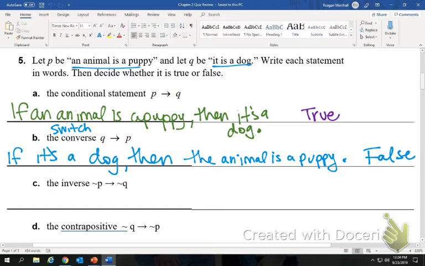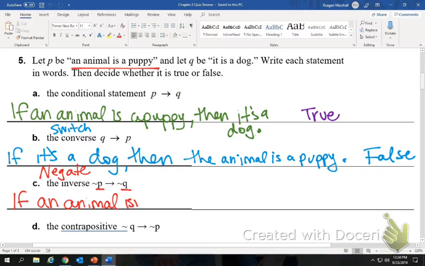All right, an inverse. What do we do for the inverse? Starts with an N. You put not. What's that called? Negate. So you go back to hypothesis first, and then the conclusion second, but you're going to negate. So we're going to say if, what do we think? An animal is not a puppy.